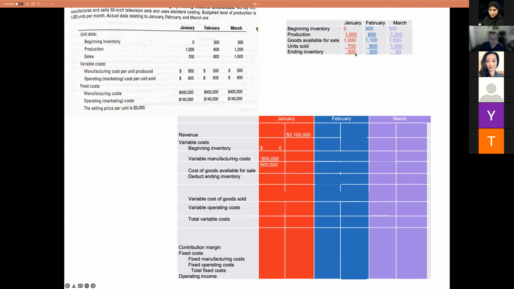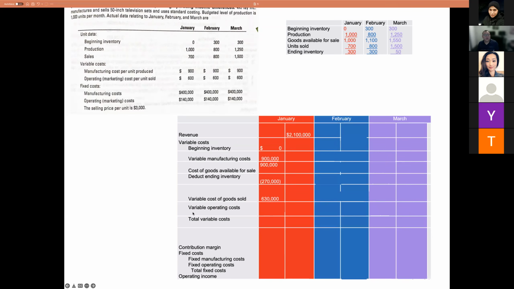So 300 units times 900 is 270,000 ending. The total available is 900,000 and what's left unsold is 270,000. The difference is the variable cost of goods sold, which is 630,000.